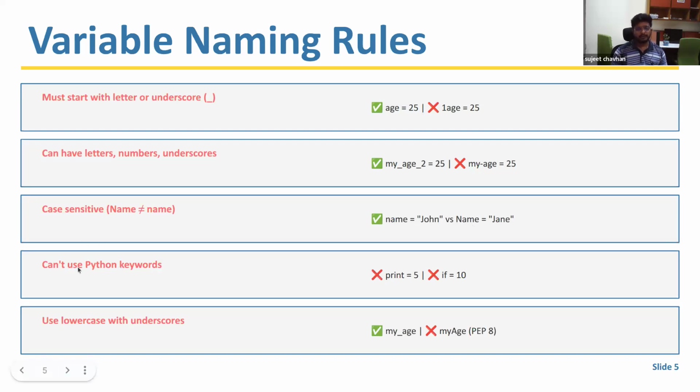The next thing is there are some Python keywords which you cannot use as variables. Let's say print is a Python keyword, which is a special command. We cannot use this as a variable name because it will confuse the Python interpreter. You cannot use if as a variable name, right?